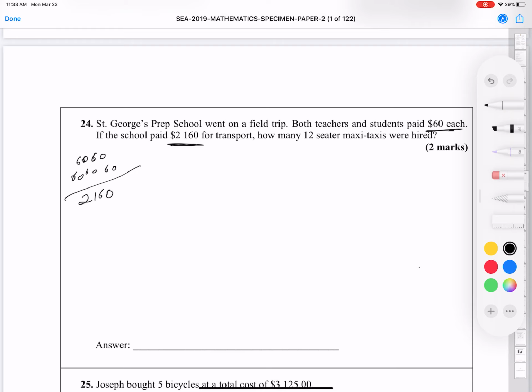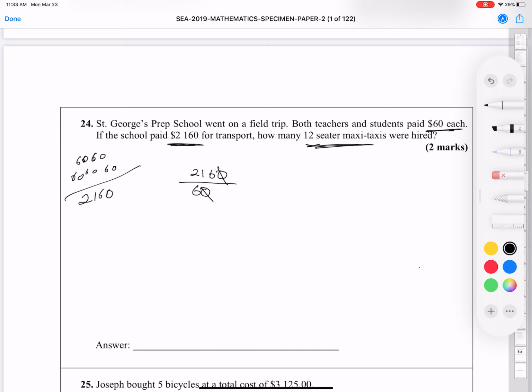If we know the number of persons who went, then we can find out how many maxis were used, because it's 12 persons per maxi. You see, 12-seater maxis. Great. So let's find out how many persons. 60 into 2,160. 2,160 divided by 60. 0 can cancel with 0, so we have simplified it.